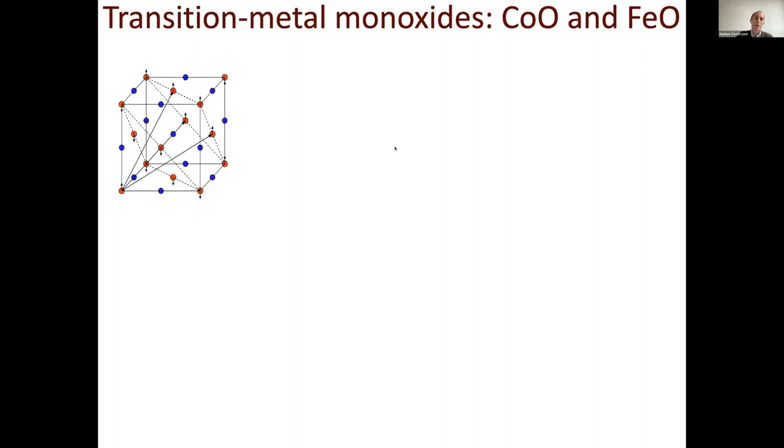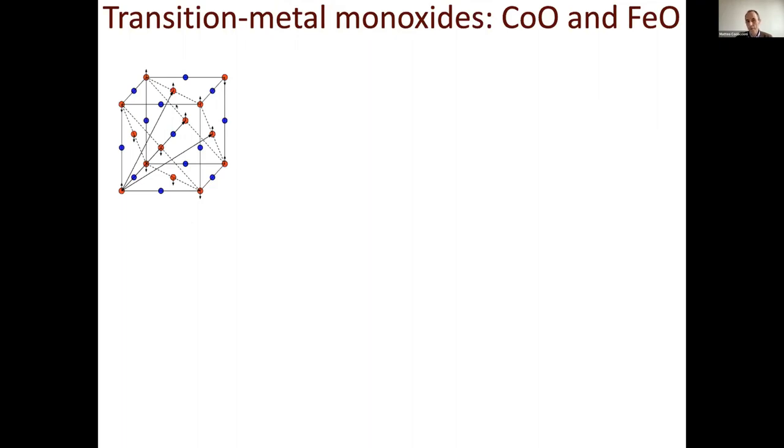So these transition metal monoxides typically have a rock salt structure, however, they have an antiferromagnetic ground state of the kind illustrated in this figure on the left here, and the 3 vectors illustrated here are the magnetic unit cell of these materials, and they are typically difficult to get.